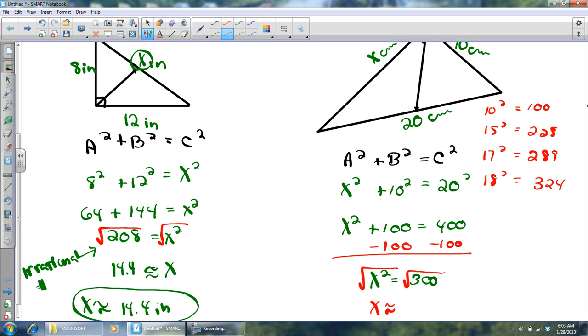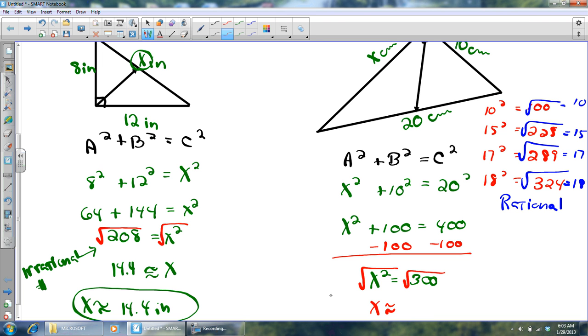If I take square roots of, say, 100 or 225 or 289 or 324, those are all rational, because I get 10, 15, 17, or 18. But for the square root of 300, there is no such number that I can multiply by itself to get 300. So I know it's irrational.